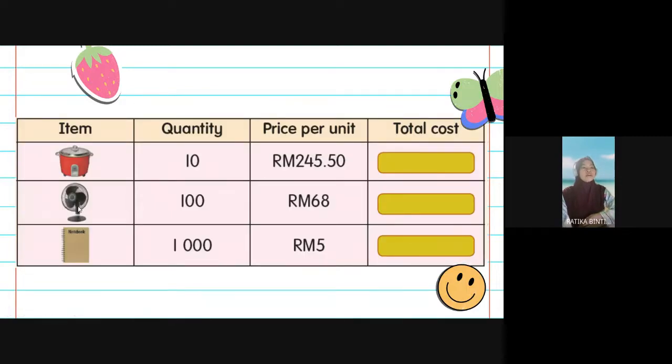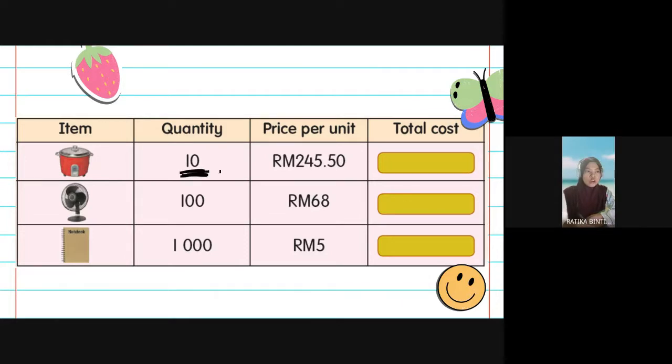Okay. Now, this one. What is the answer here? This rice cooker, 1 unit is 245 ringgit and 50 cent. You need to count for 10 units.